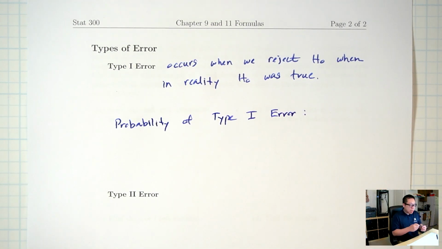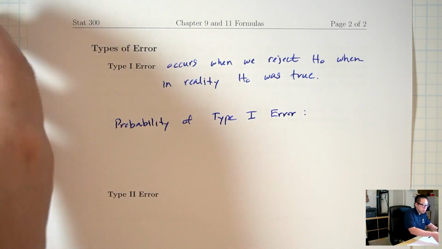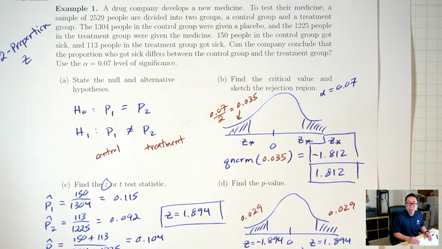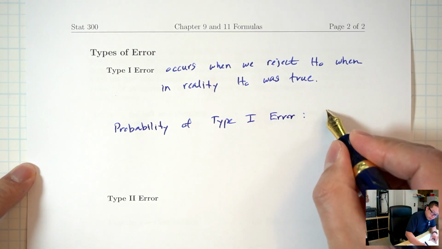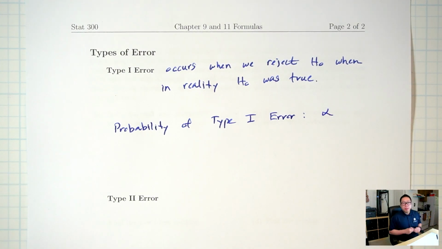The probability of a type 1 error is actually the alpha, the significance level. Okay? And obviously we usually don't want to make a mistake, right? So how do we reduce the probability of a type 1 error?